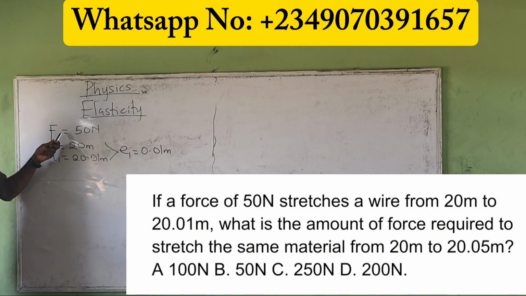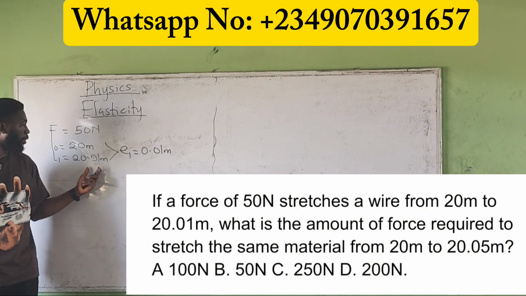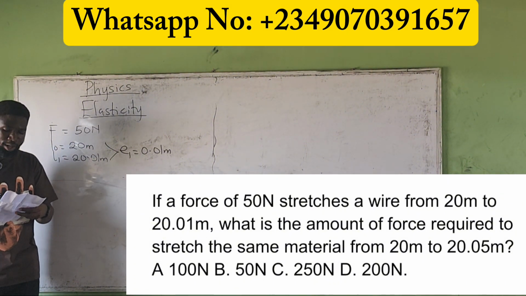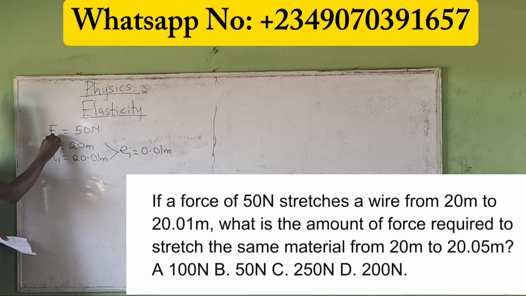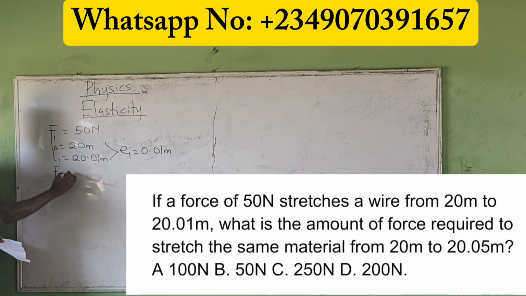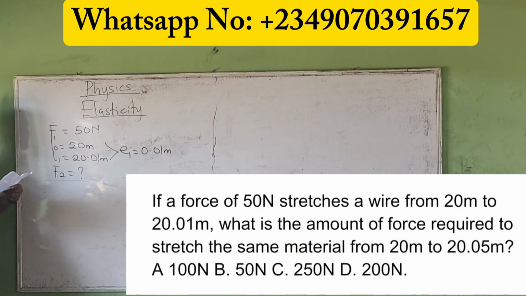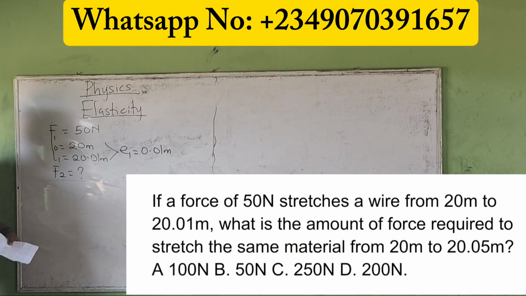A force of 50 newtons stretches a material from 20 meters to 20.01 meters. So from the word stretch, you can get the extension: E is L1 minus L0. Then the next one says, what is the amount of force, F2, we require to stretch the same material from 20 to 20.05?